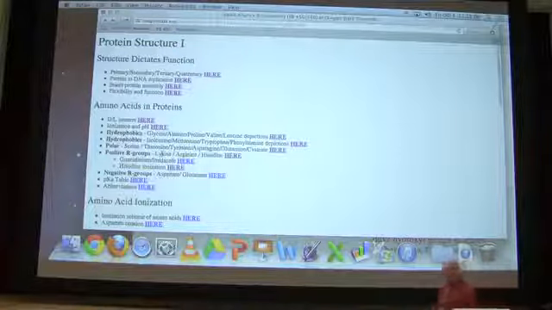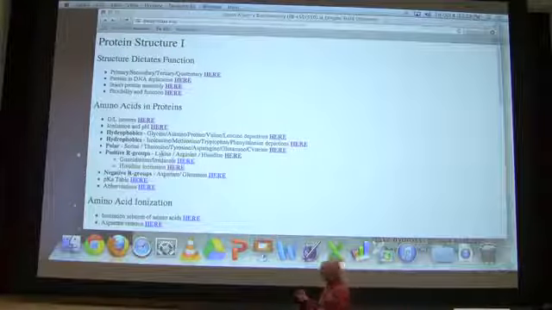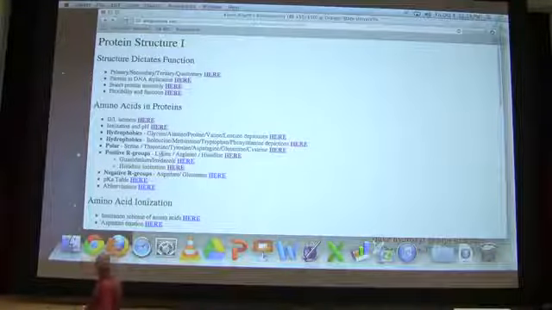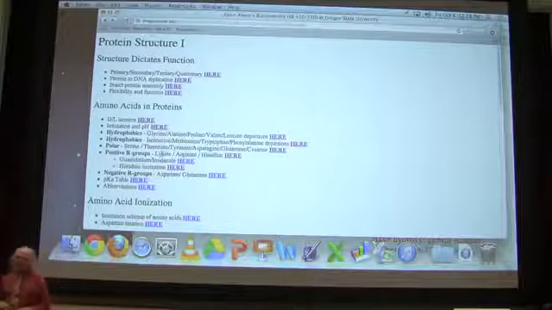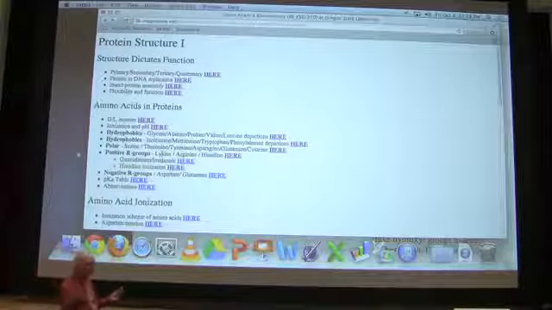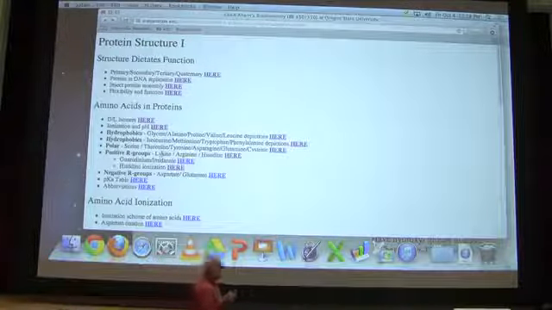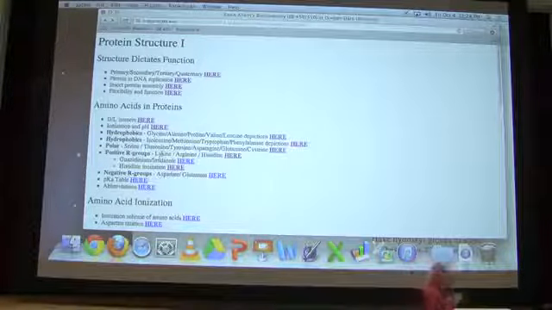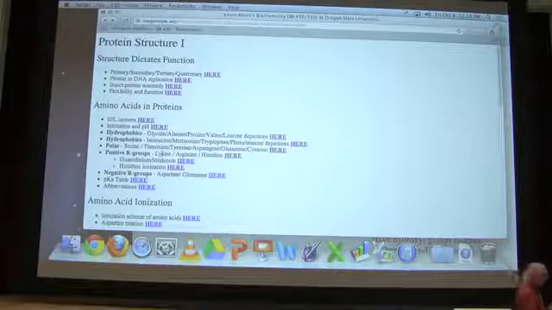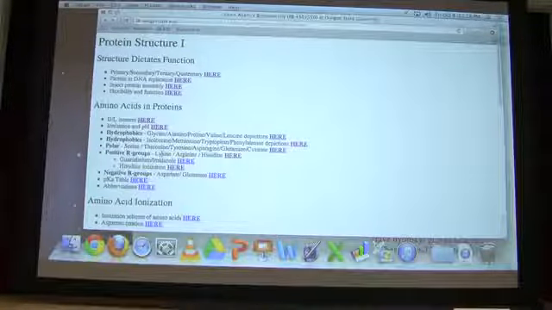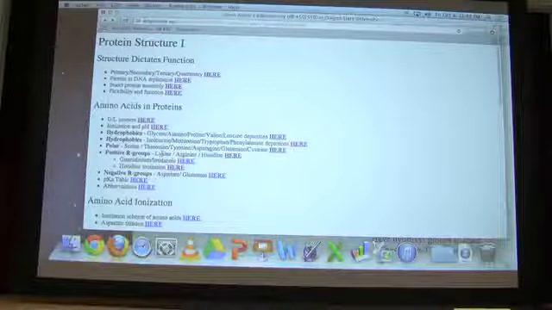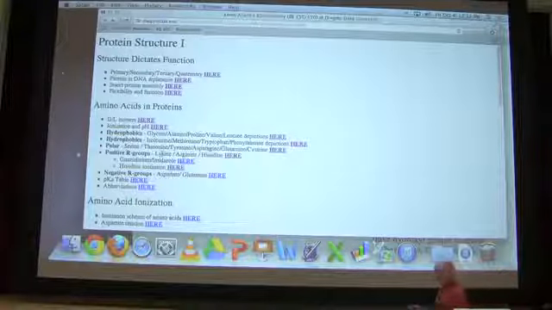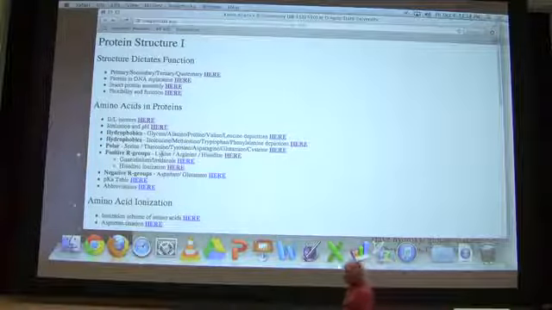Lysine, arginine, histidine. The important thing about them is that each of them has an amine in its R group. And you remember that when amines gain an extra proton, they have a positive charge. So these have three different ionizable groups: the alpha carboxyl, the alpha amine, and the R group amine.